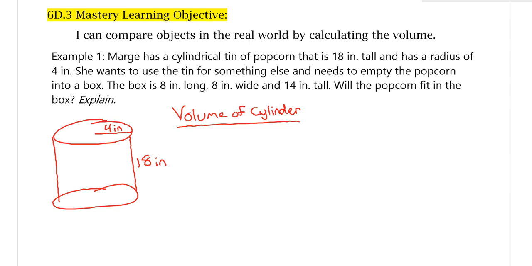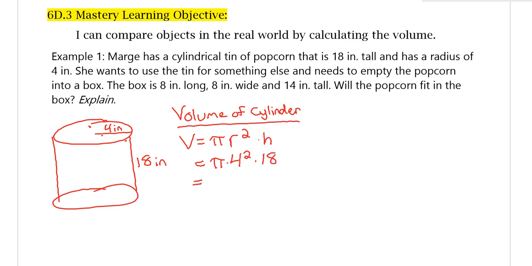So again, for a cylinder, volume equals pi r squared, because it's a circle, times the height. There's no point, so there's no 1/3 in this one. And that equals pi, my radius was 4, times my height is 18.